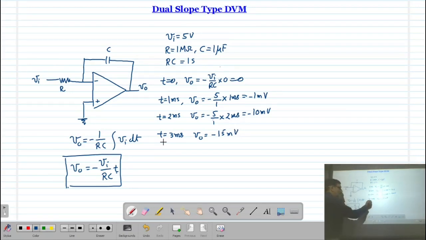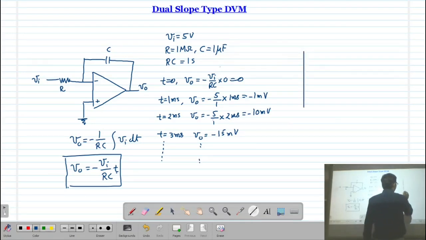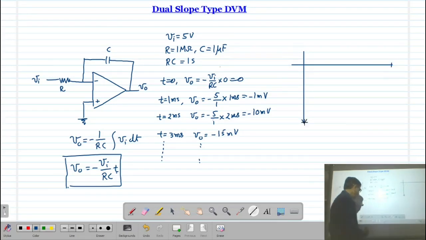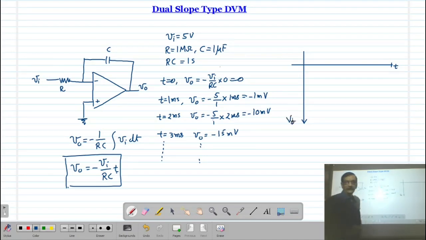So in this way, as the time is increasing, my output voltage also goes on increasing. Now if I plot the graph, on the x-axis let us take time T, and this is my output voltage.